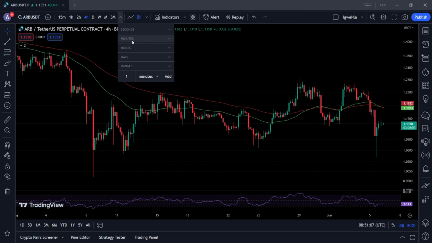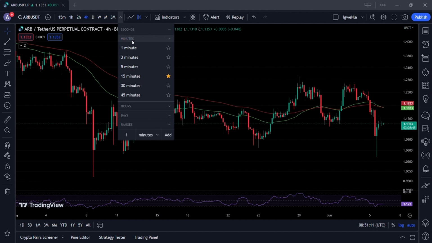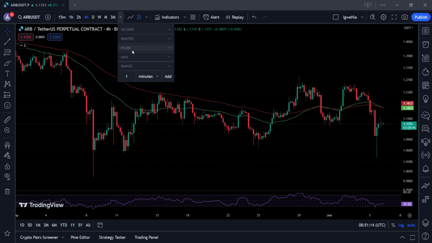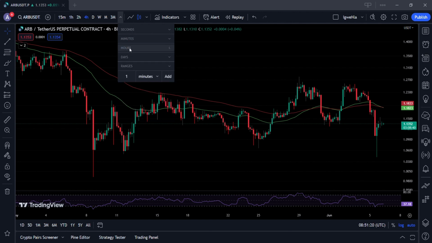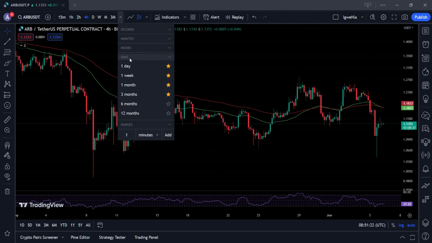I favorited the 15 minutes. Do that as well. In the hour, I favorite 1 hour, 2 hours, and 4 hours chart. Do that as well. Daily charts, I just favorited the daily charts, the 1 week chart, 1 month, 3 months. You might probably not need the 3 month and the 1 hour chart and 1 month chart, but definitely you are going to need the weekly chart, which is the 1 week chart, and the daily chart.